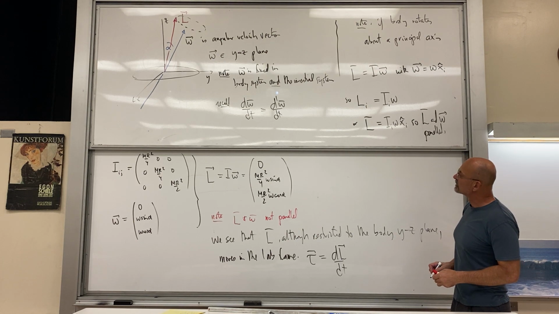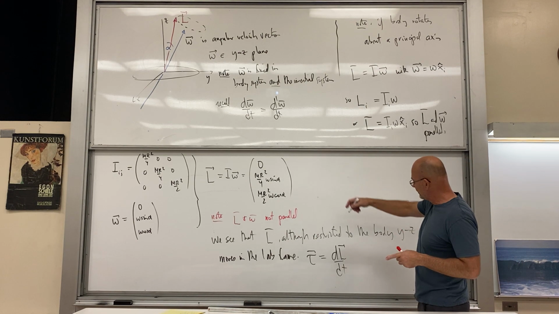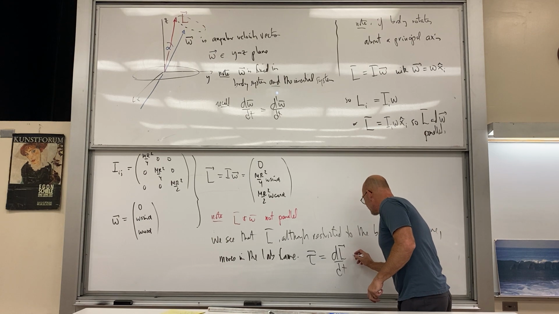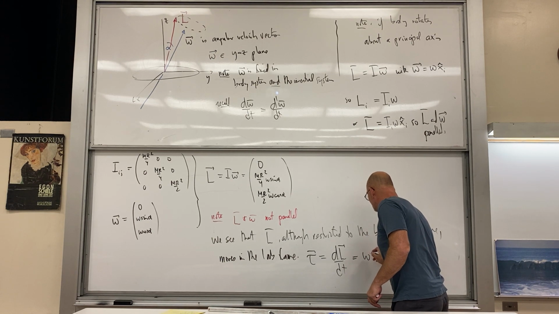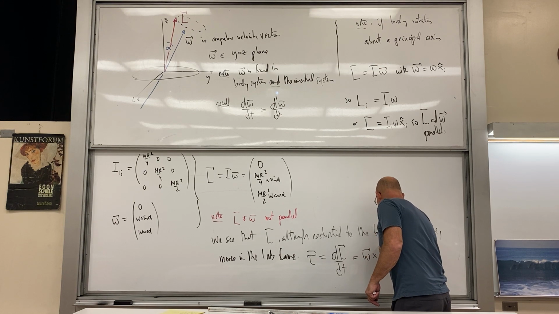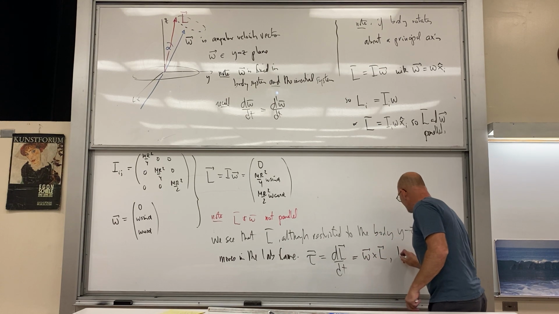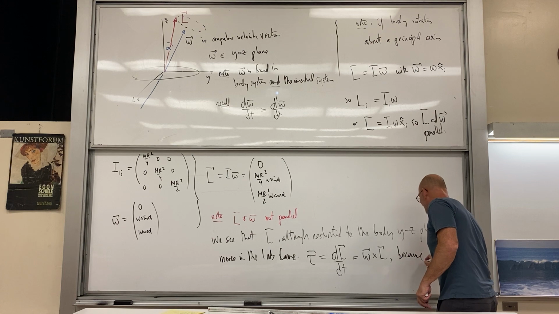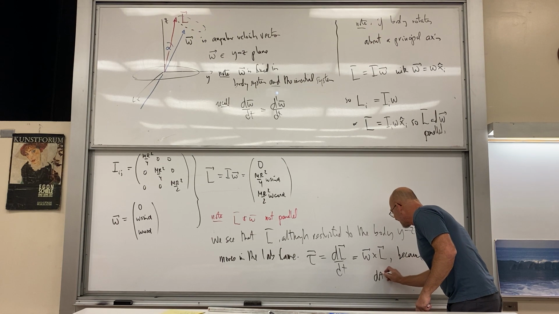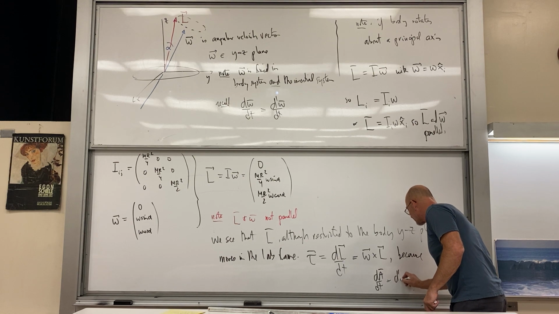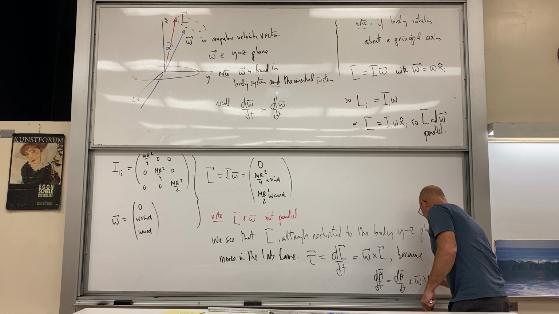And how do we get that torque? Well, I erased the equation from the board here, but we know that's just going to be omega cross L, because, and I'll just rewrite what we had, dA/dt for any vector is d'A/dt plus omega cross A, right?